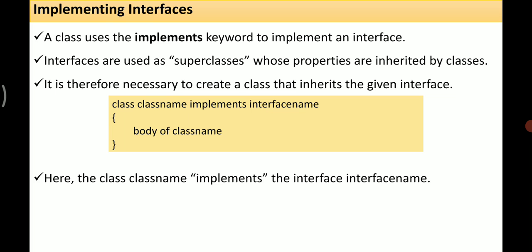Interface name is the name of the interface. It is necessary to create a class which actually inherits the given interface. So for that we make use of class, class name, implements, interface name, then we open the braces, the body of the class will be there, then closing braces.